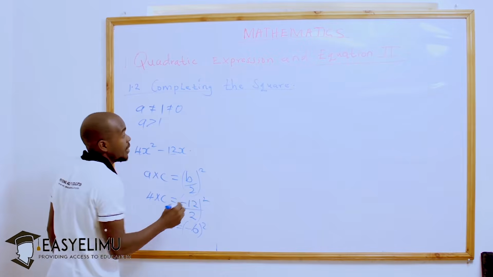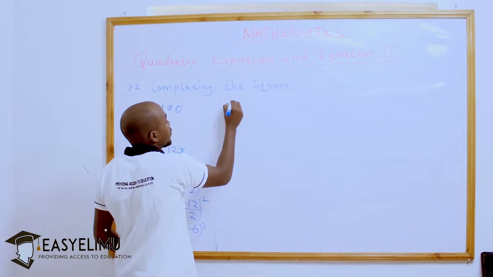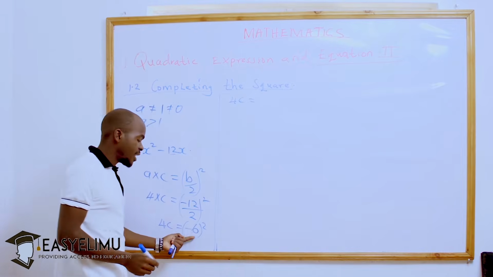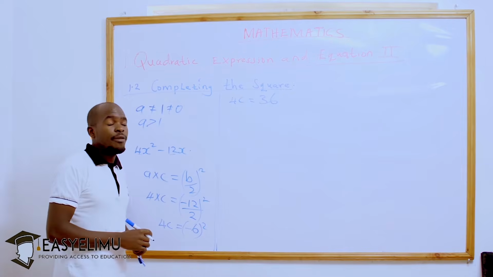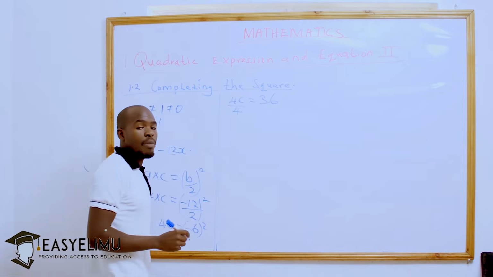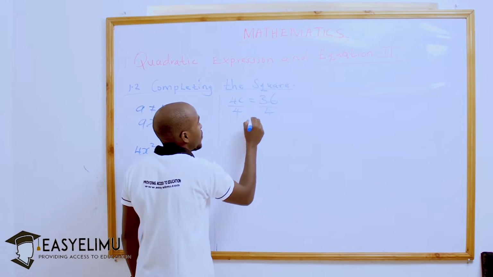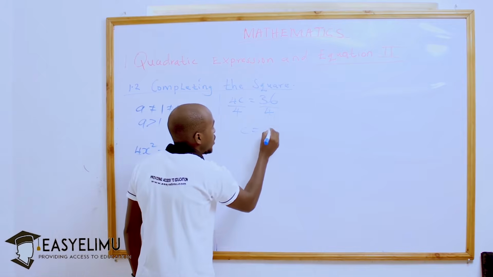And you will find that our 4c is going to be negative 6 squared, which is going to give you 36. If you need the value of c, then you are required to divide both sides by 4. You divide both sides by 4, and you will find that c is equal to 9.